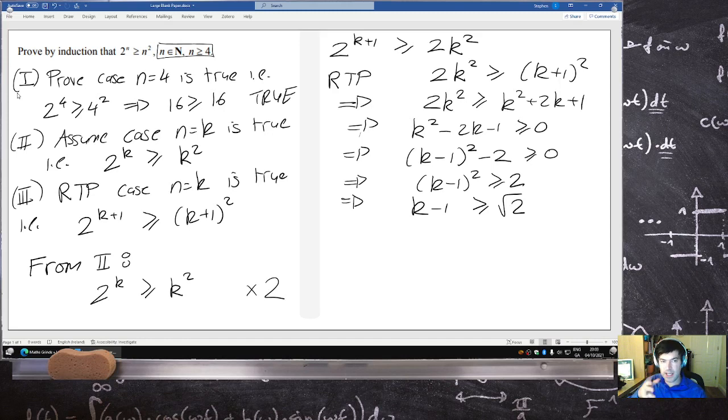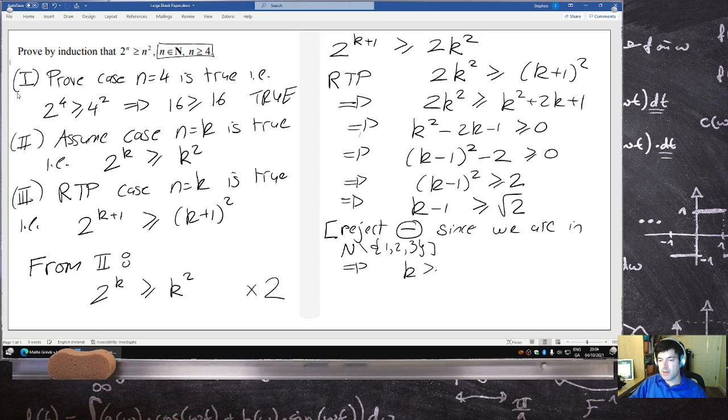Now there is a negative situation here, but there's no need to consider the negative because we're only looking at natural numbers, so we can reject the minus, excluding actually 1, 2, 3. We're starting from 4. So that means that k has to be greater than or equal to root 2 plus 1. And remember, k is a natural number.